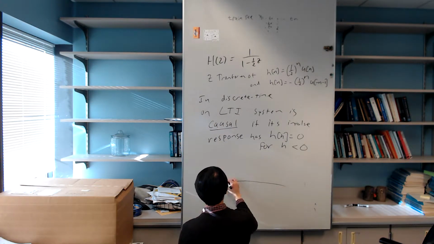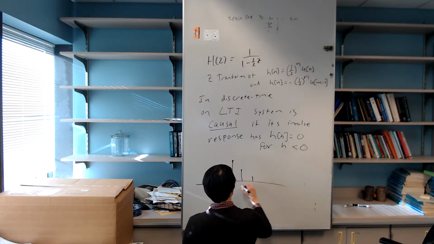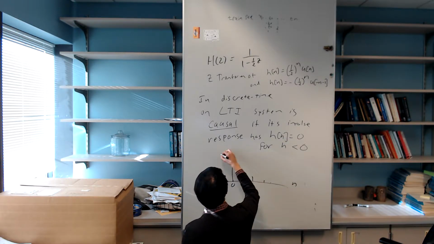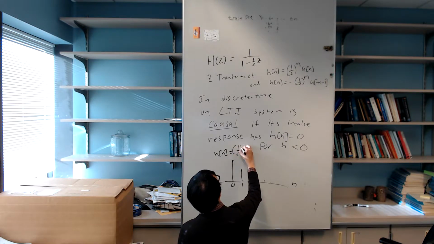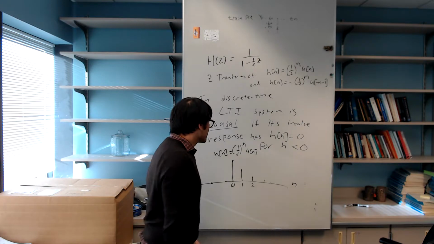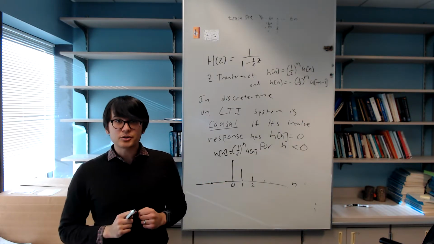So if we draw little marks up in here, it's going to be 1, 1/2, 1/4, so 0, 1, 2, 3, and so on. And then 0 everywhere else. And this is h of n is equal to 1/2 to the n u of n. And so this is causal, and remember, what is the impulse response?